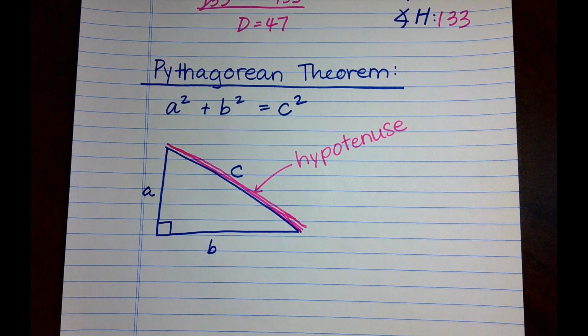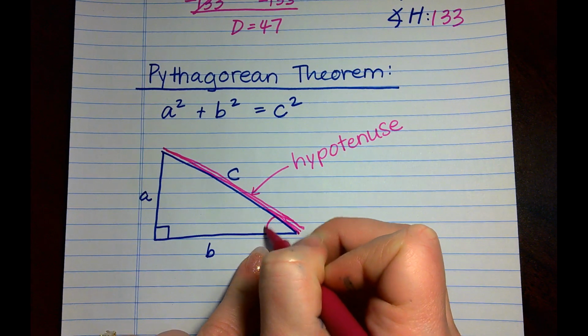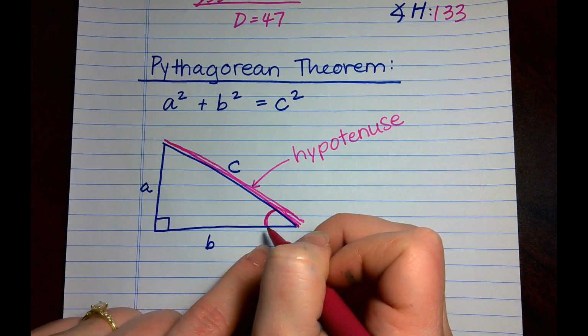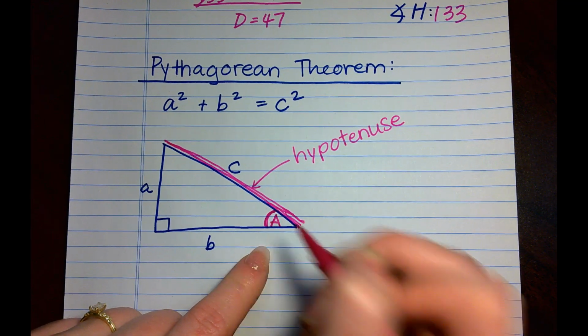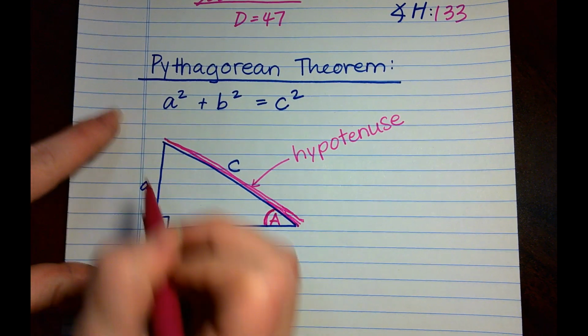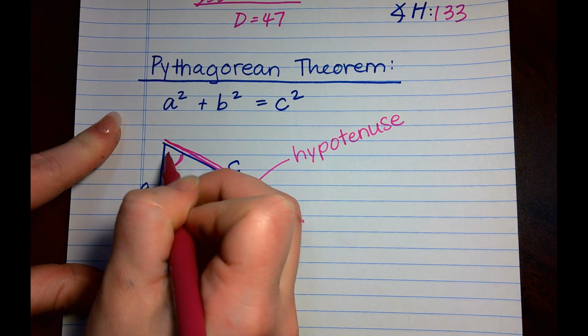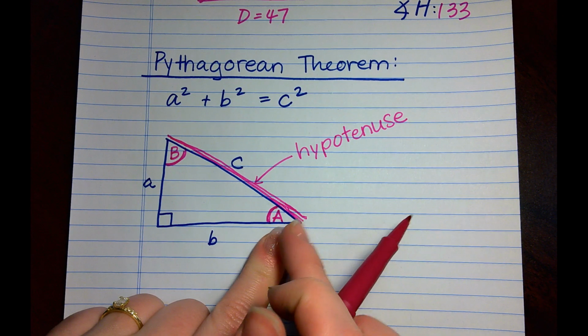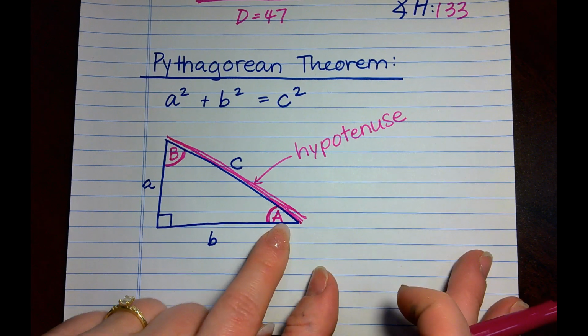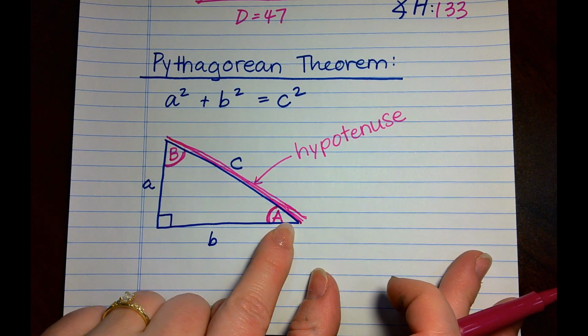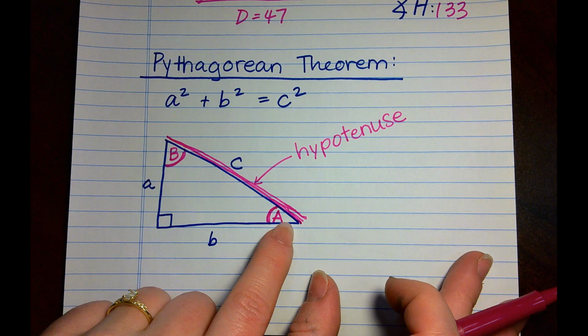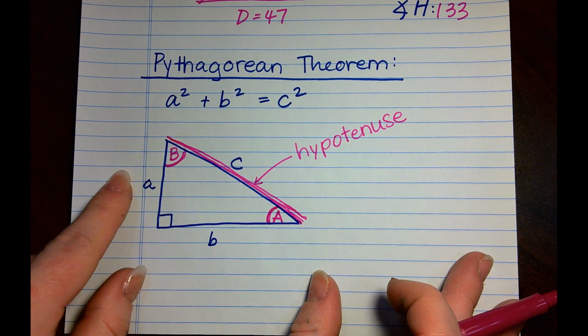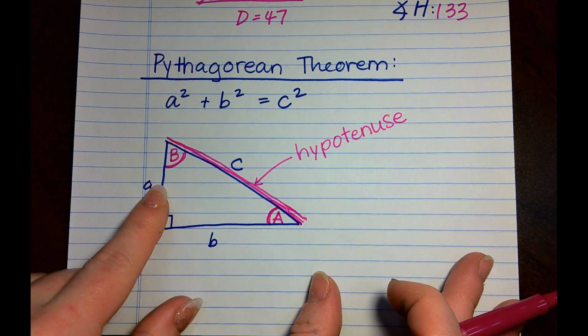So if I was talking about this angle, let's call this big A, like a capital A, and let's call this angle capital B. Let's say we're referring to angle A. My opposite side of angle A is little a. This is my opposite side.